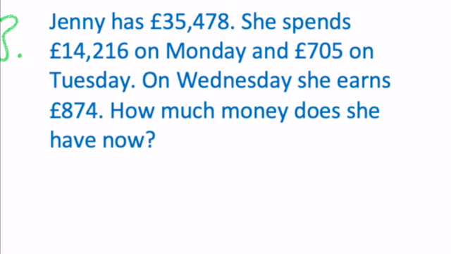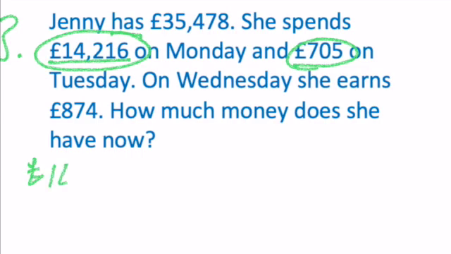Okay, so she spends these two amounts. So I'm going to add those two amounts together and subtract them from her original amount. So over on this side, 14,216 add 705.